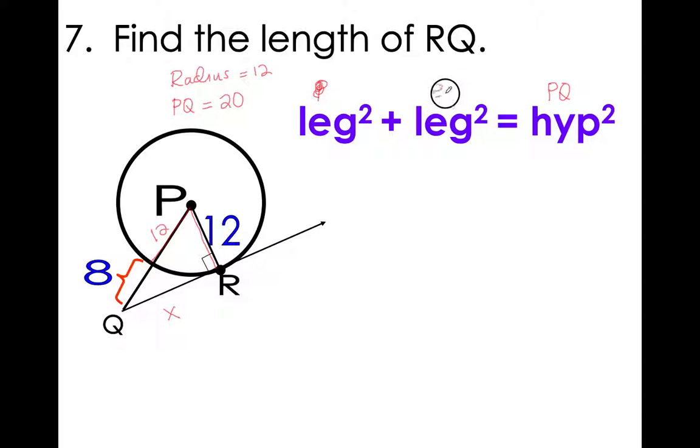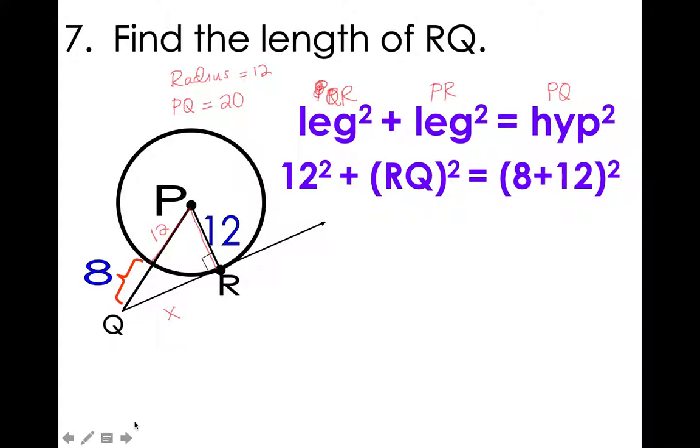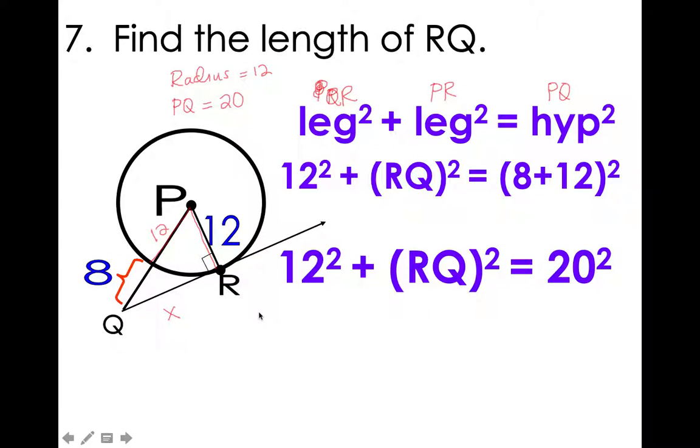PR represents one leg, and QR represents the other leg. So when I plug them in, that's basically what I'm looking for. And I know this says PR, but PR and QR are interchangeable because they're both legs, and legs are interchangeable. So therefore, we end up with this.